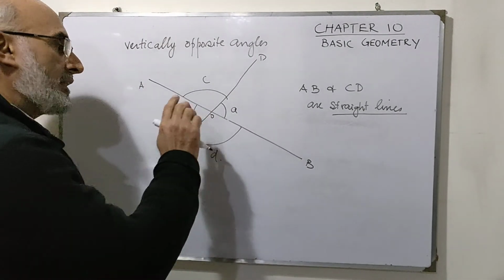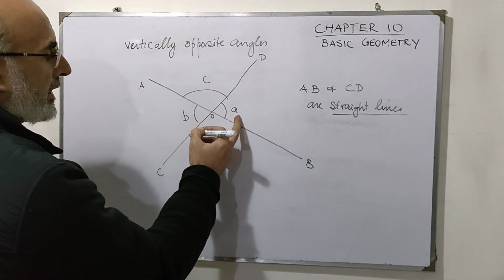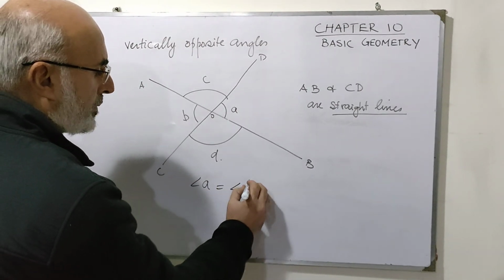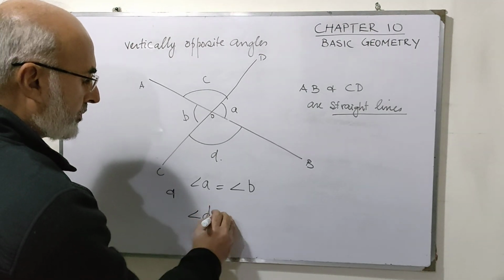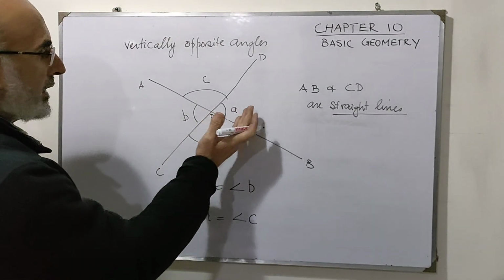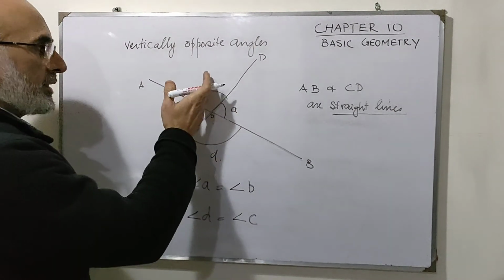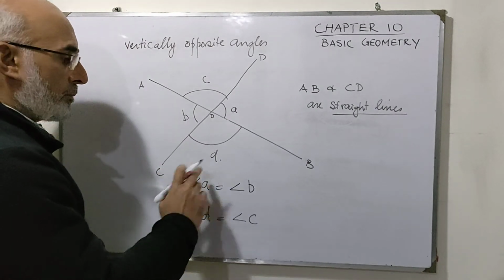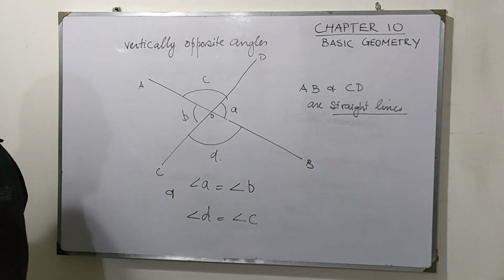And if both straight lines are intersecting each other, in this situation, angle A is equal to angle B, and angle D is equal to angle C. And that is why we say vertically opposite angles. Angle C is opposite to angle D, angle A is opposite to angle B, and vertically opposite angles are equal, right?